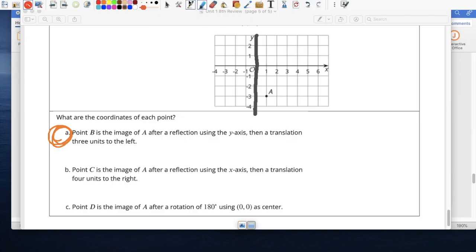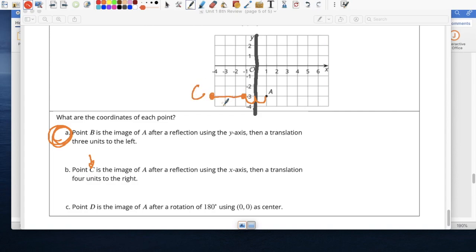Oh my god, sorry. So reflect 1. On the other side, it's going to be 1. So this is A prime, right? Or C, as they call it. And then we're going to do 3 units to the left. So first reflection, and then 3 units to the left. 1, 2, 3.